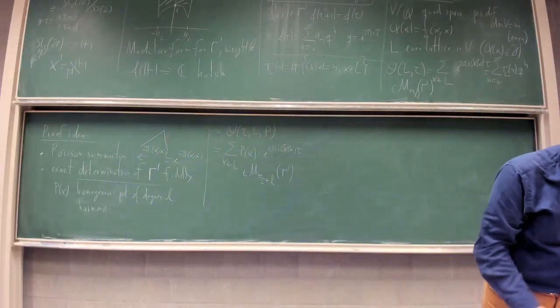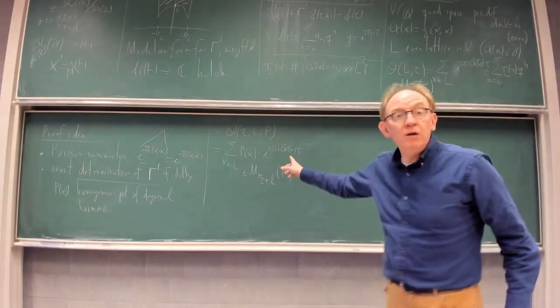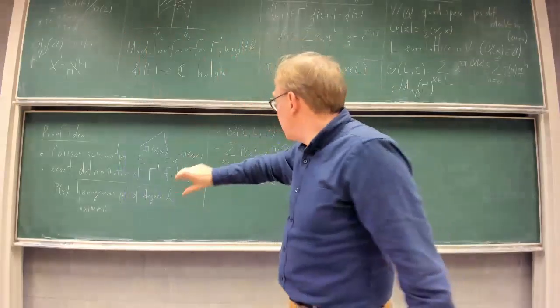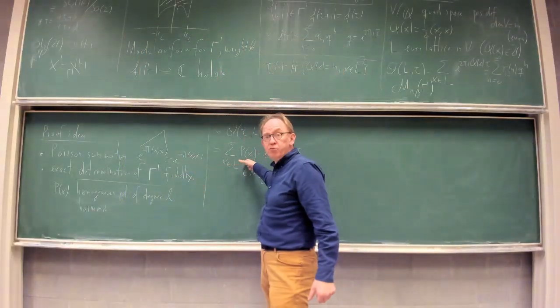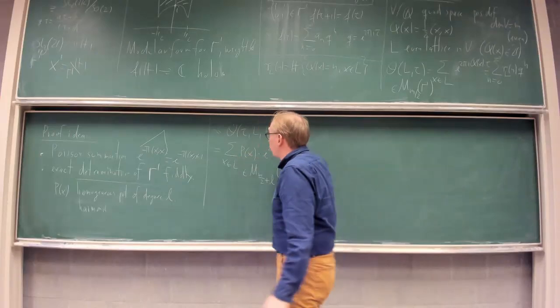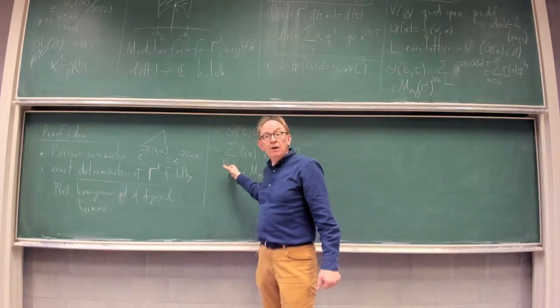Can I ask you something? Is the group sensitive to the P or not? No. In terms of arithmetic, P is something which happens at the infinite prime, and whatever happens at the finite primes, which is really determining the gamma prime, that's all in the lattice.